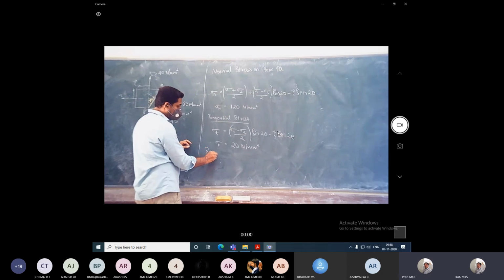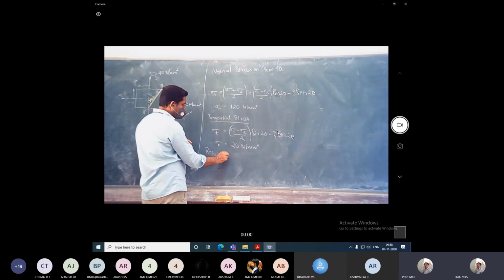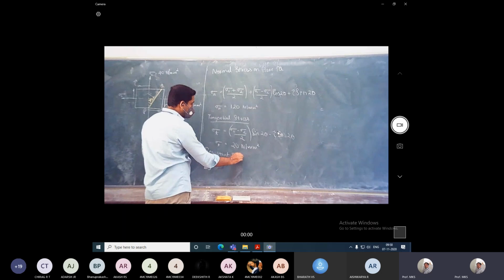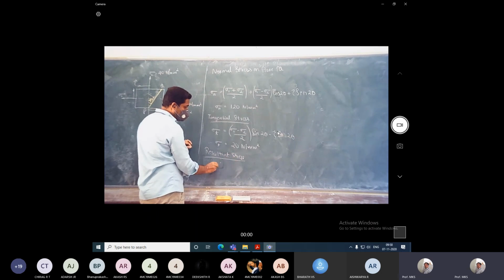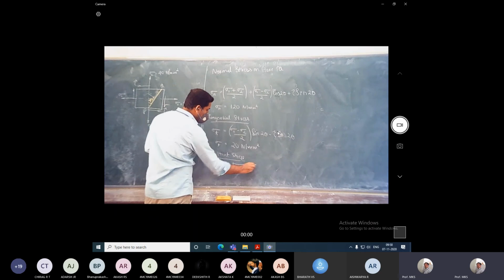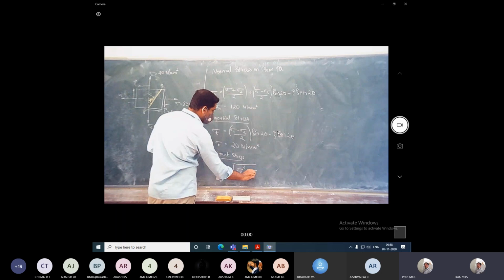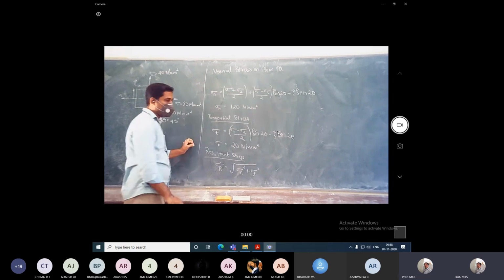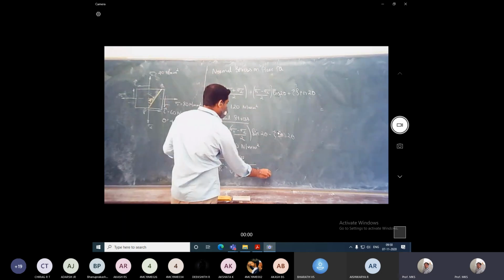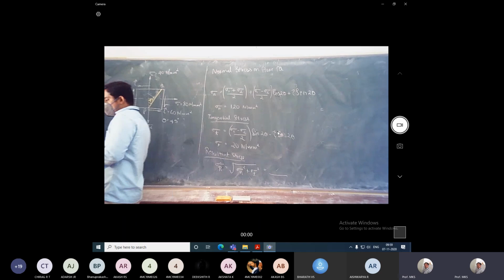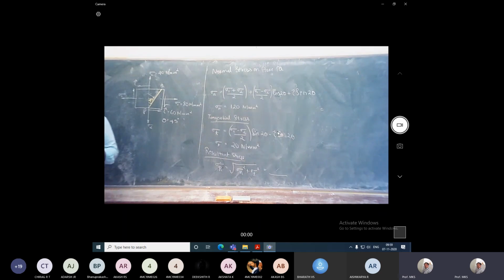Similarly, you find the resultant stress. It is a direct equation. Resultant stress sigma r is a general equation: root of sigma n square plus sigma t square. Calculate how much it comes. These are direct problems with respect to the general equations. In the next few problems, they will ask you to find the maximum stresses.